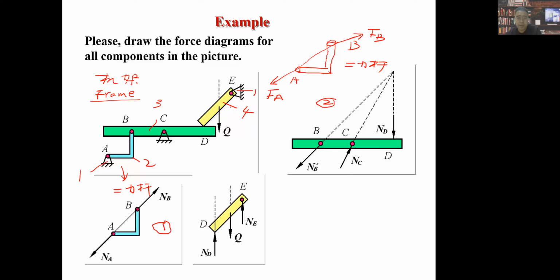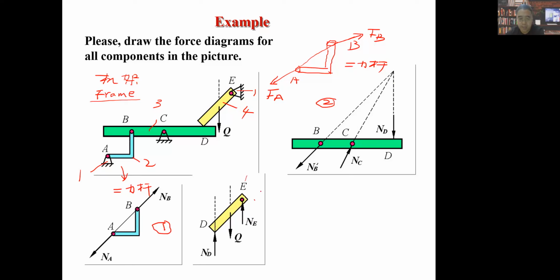And the third one is this, but this one is not a double force equivalent rod. Why? Because it has 3 points. It has 3 forces acting on this body: reaction force here, reaction force here, and an active force, maybe the gravitational force Q, right?